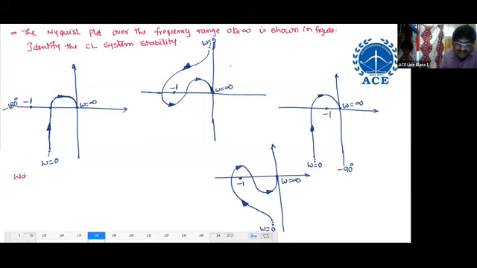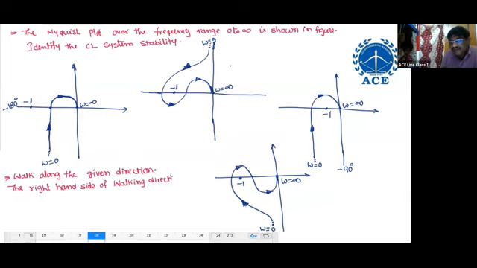On the right hand side of the walking direction, the critical point should not exist.